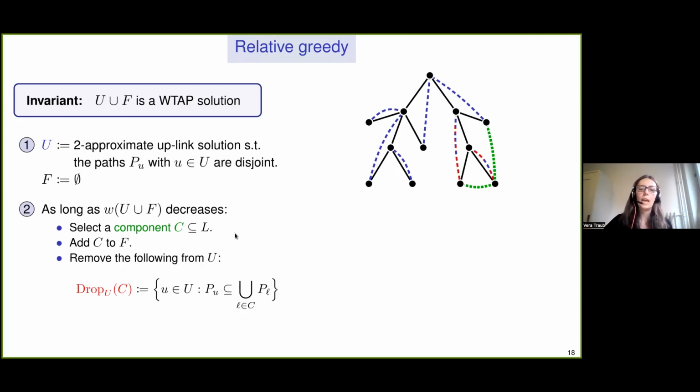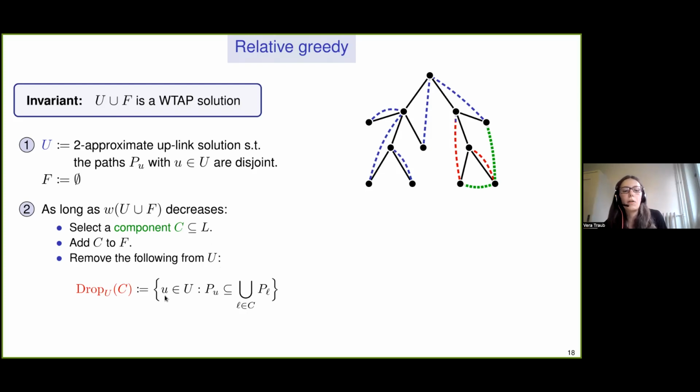Of course, now if we add this component C to our solution, then there are some other links, some uplinks in U, that might become redundant. We don't need them anymore. So in this example here, these 2 red links become redundant. We can remove them from our solution. What we remove here is actually the set which we denote by the drop of the component.